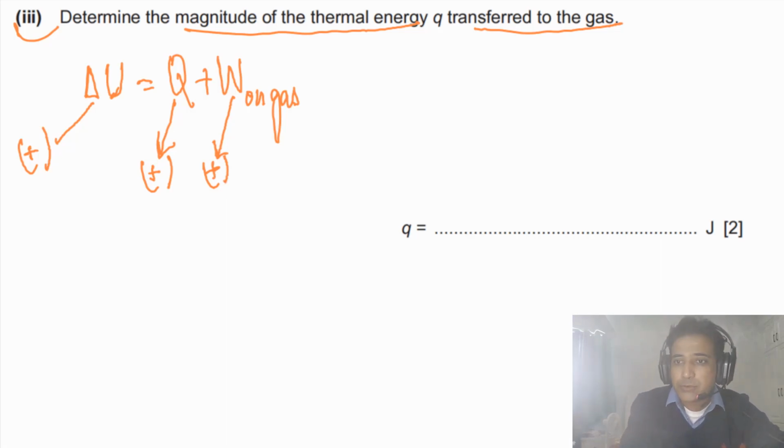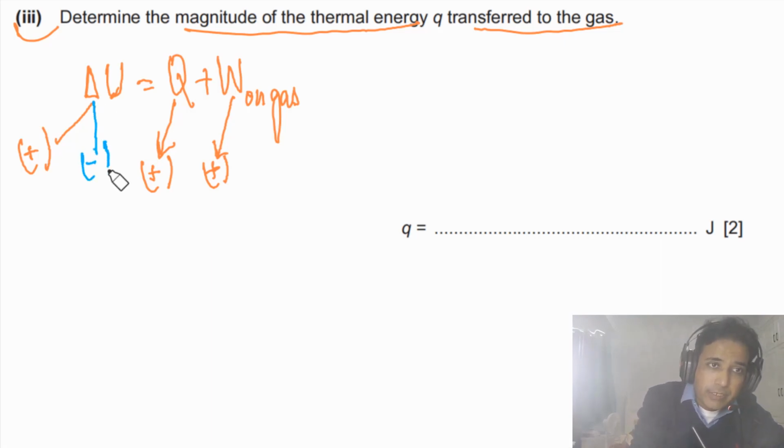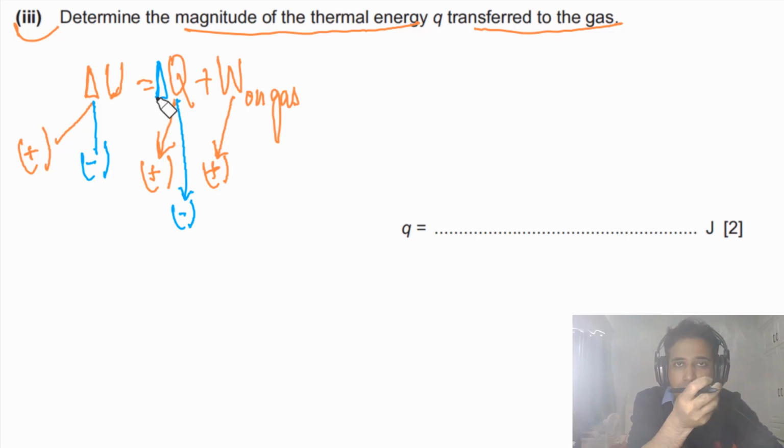Now let's also try to understand when this change will be negative. The change in internal energy will be negative if thermal energy is released, meaning Q is negative, meaning the thermal energy is taken away from the system. So delta U will be negative.